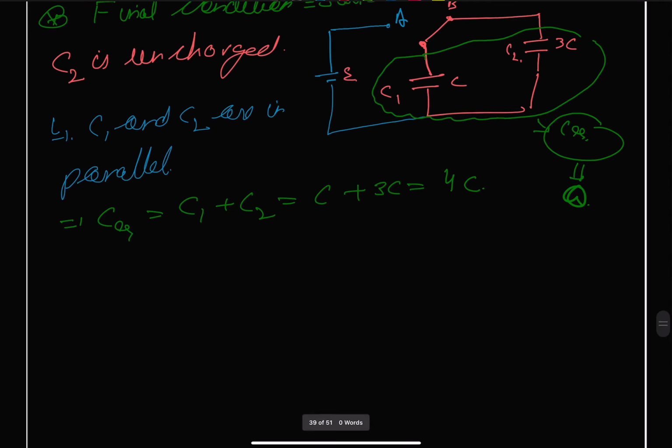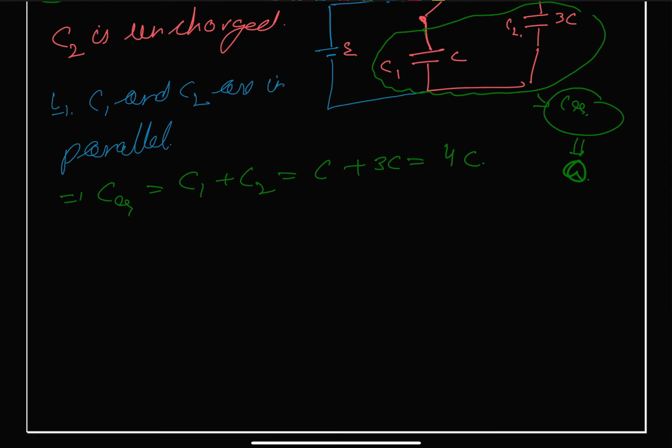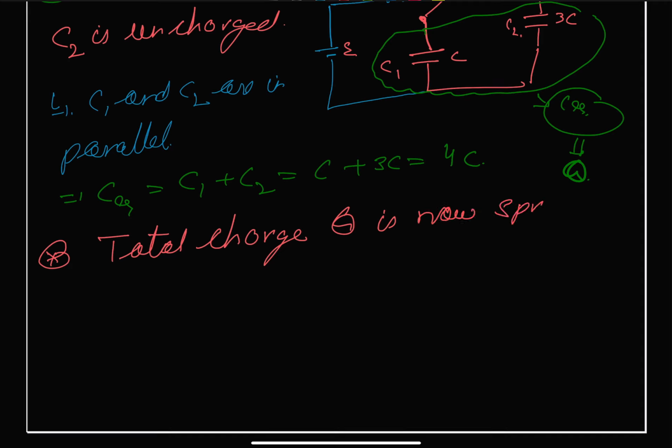So we can find the new common potential, because the charge will shift and they will have a common potential. Therefore, the total charge Q is now spread across C equivalent, which is nothing but 4C.